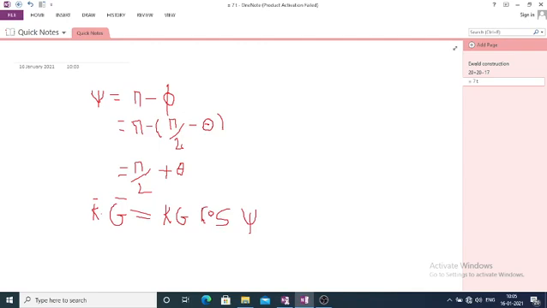So we should get KG cos psi. Now psi is equal to pi by 2 plus theta.